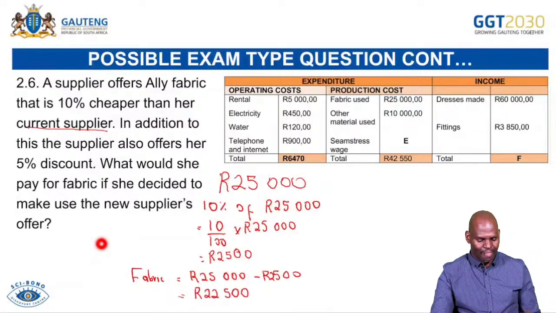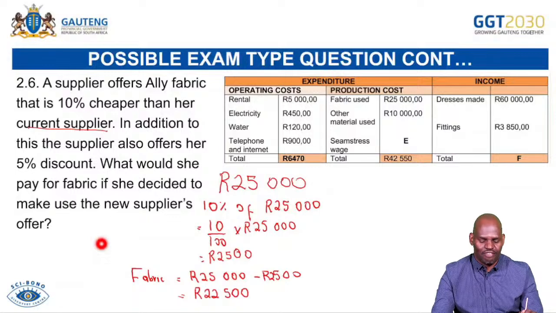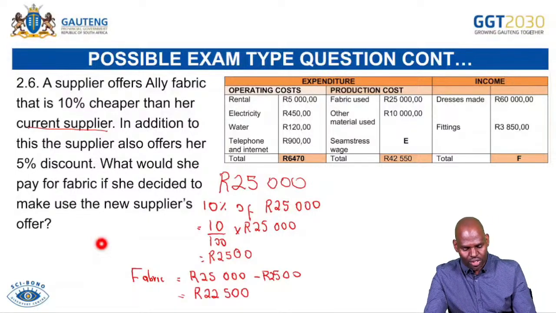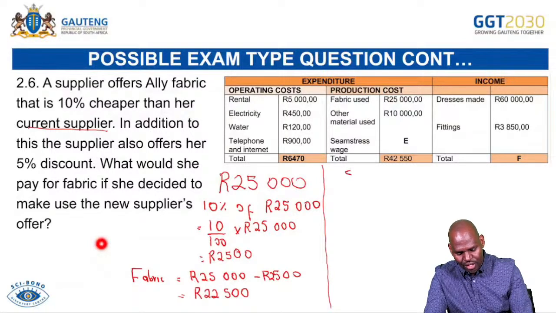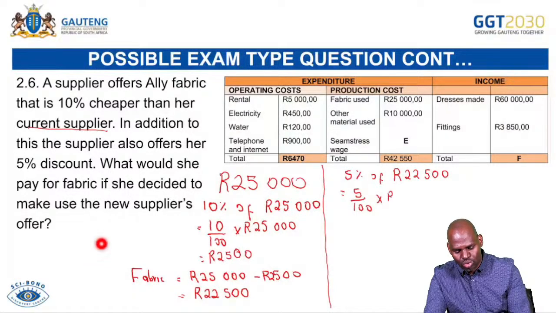22,500. Then there's another additional 5%. So we say, okay, from that 22,500, it's a discount of 5% again. So we say 5% of 22,500. This will be the same as 5 over 100 multiplied by 22,500.